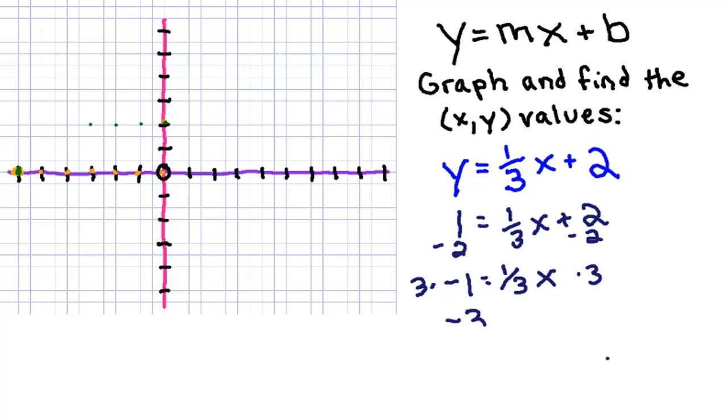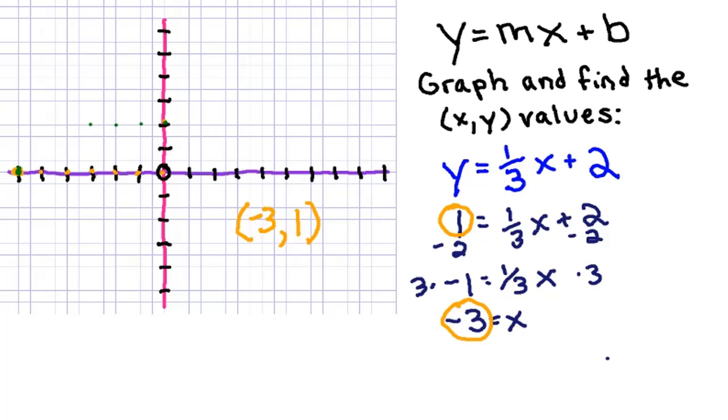So that gives us -3 equals x. So when y is 1, x is -3. So your xy value is -3, 1.